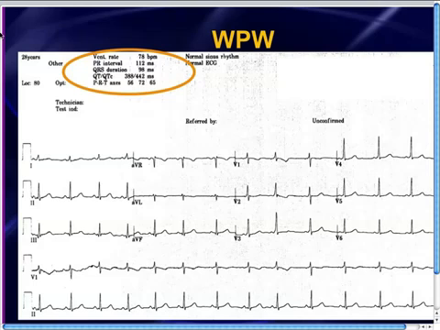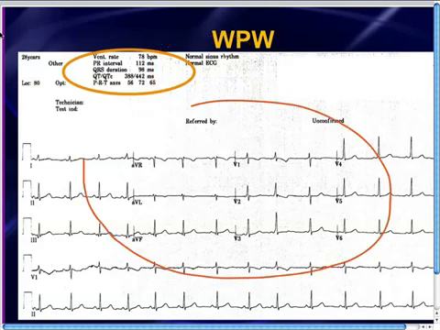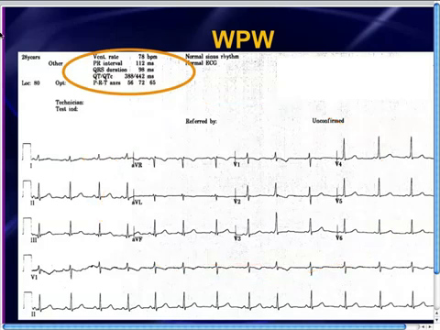I mentioned this is a relatively simple case, but maybe not quite as simple for the people taking care of this patient, who initially relied on the computer interpretation to call this a normal EKG. You may ask, why is the computer missing WPW? Well, very simple. Everyone is looking for delta waves, and everyone's been trained that WPW produces delta waves.